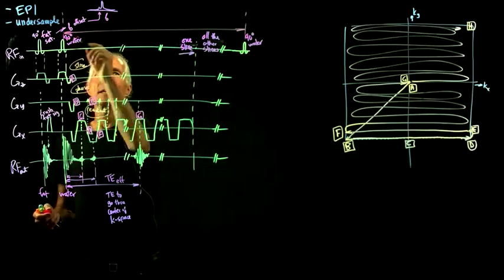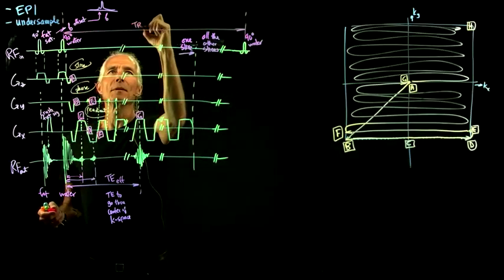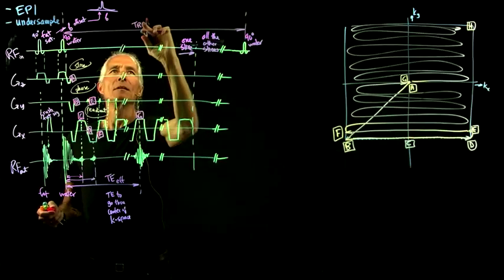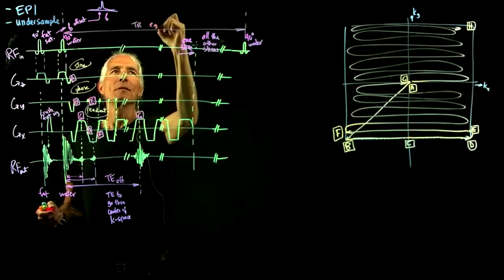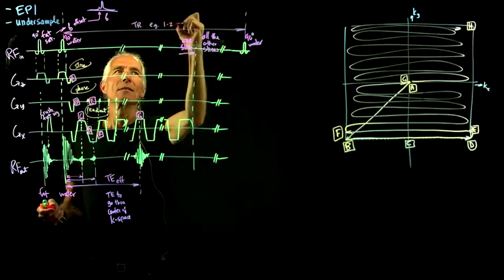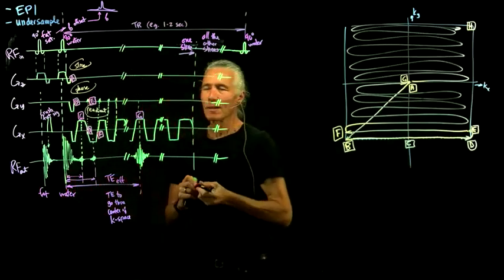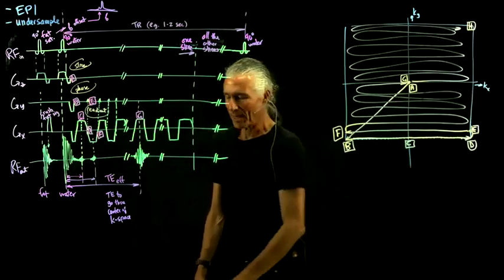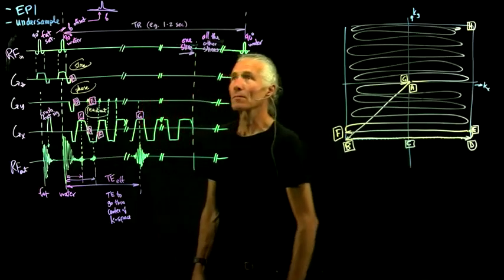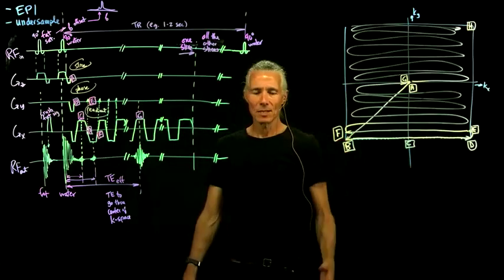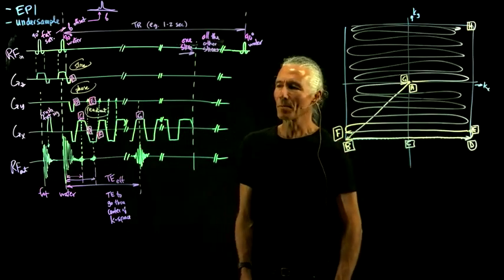And what is that? Our TR might be, for example, 1 to 2 seconds. So this means that we can record like 15 or 20 slices per second, so that we can essentially image the whole volume of the brain every second or two.